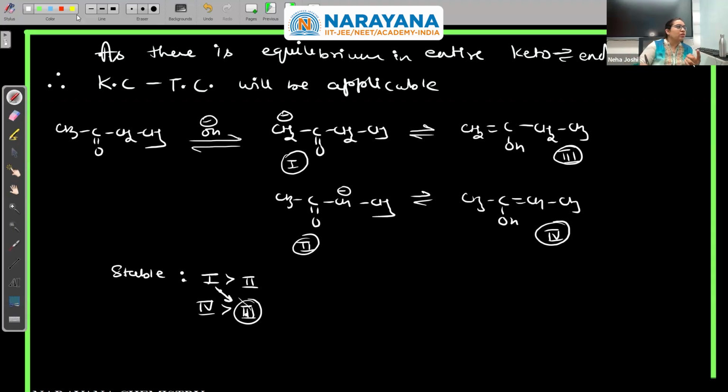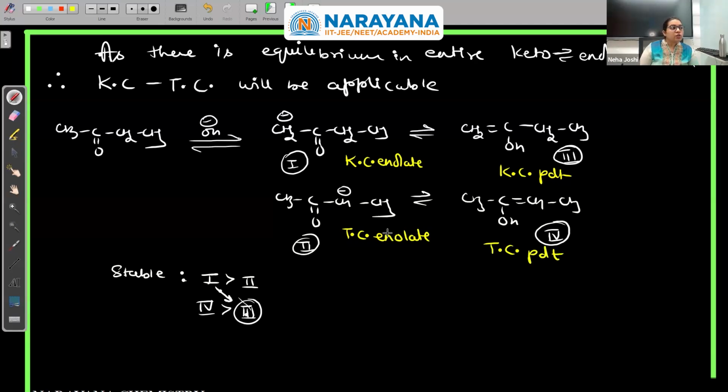So what I wanted to say is this is the KC enolate, this is your KC product. This is your TC, thermodynamically controlled enolate, this is your TC product. So irrespective of medium, if it is given, then always TC will be major, because these are just catalysts.